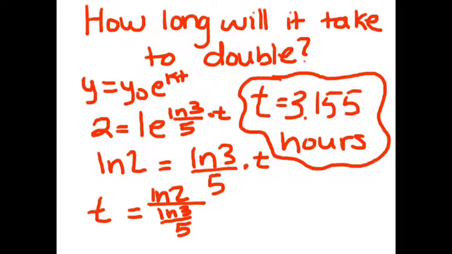You take the ln of both sides. So now the ln of 2 equals the ln of 3 divided by 5 times t. Now to find t, you just divide the ln of 2 by the ln of 3 divided by 5. And your end result, it will take 3.155 hours for the number of bacteria to double.